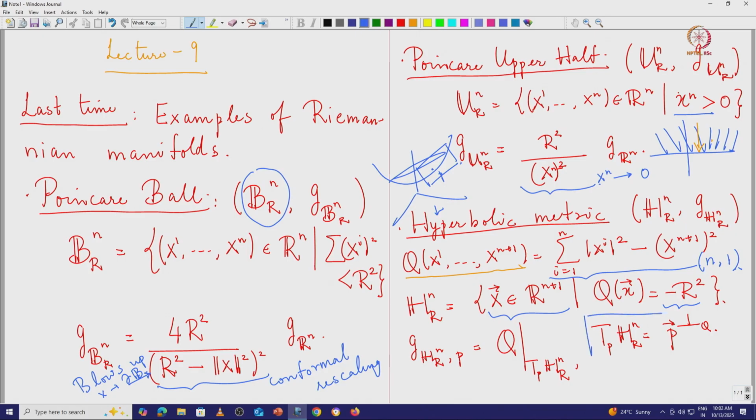That tangent space is precisely given by the orthogonal complement of the position vector of this point P. Of course the orthogonal complement is taken with respect to this quadratic form of signature n comma 1. Then by Sylvester's law of inertia, if you restrict the quadratic form to this orthogonal complement, it will give you a positive definite symmetric inner product. So that is defined to be the hyperbolic metric on this hyperboloid.